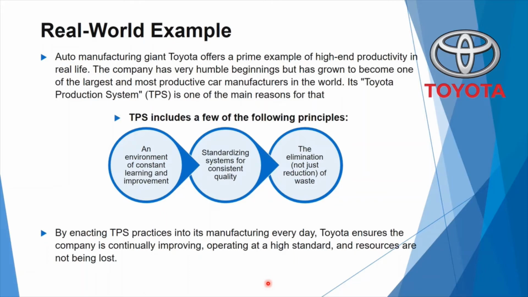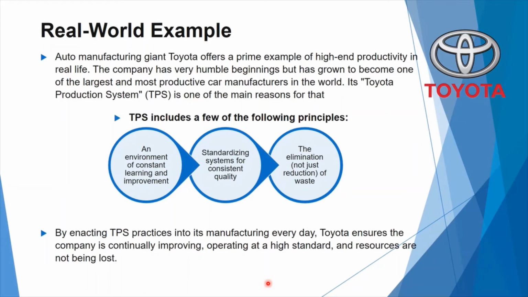Auto manufacturing giant Toyota offers a prime example of high-end productivity in real life. The company has very humble beginnings but has grown to become one of the largest and most productive car manufacturers in the world. Its Toyota Production System (TPS) is one of the main reasons for that.